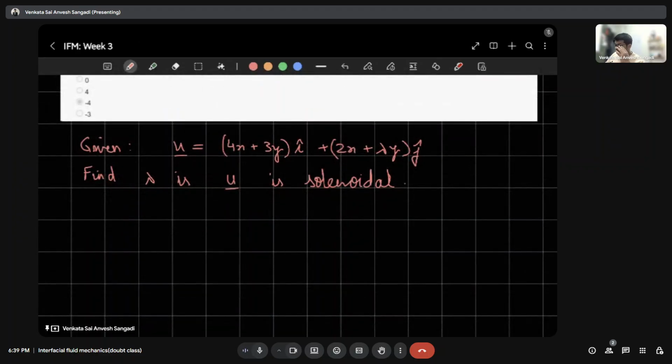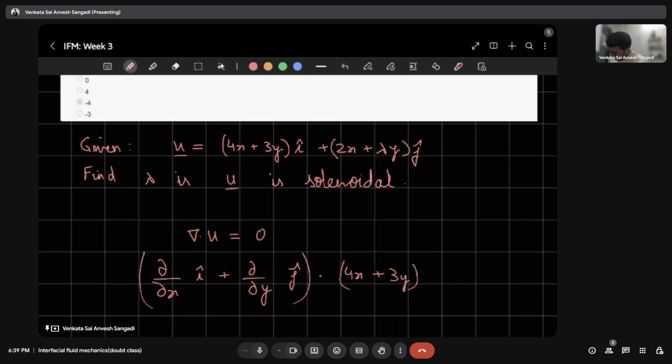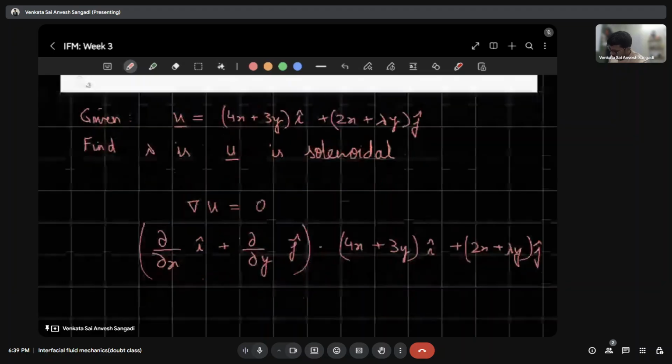So the condition that u vector is solenoidal simply states that del dot u will be 0. So replacing del by del by del x i cap plus del by del y j cap, this is a 2D case, so we'll have only two components, dotted with (4x plus 3y) i hat plus (2x plus lambda y) j hat.